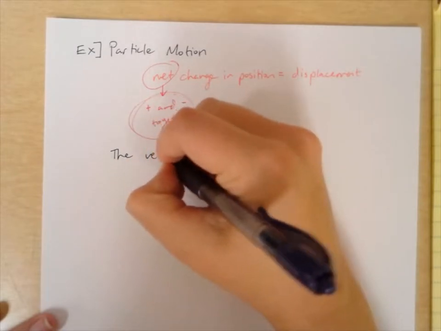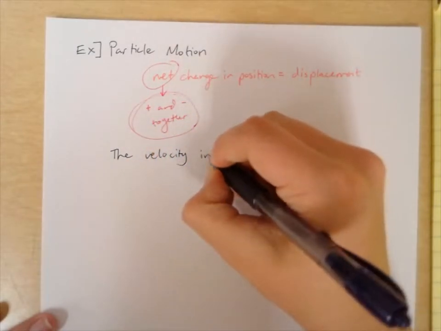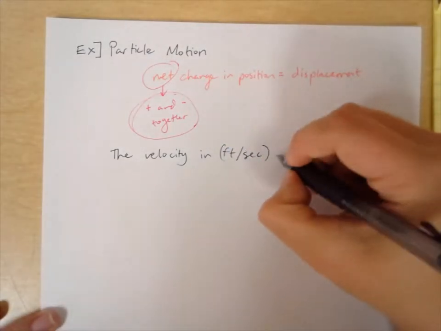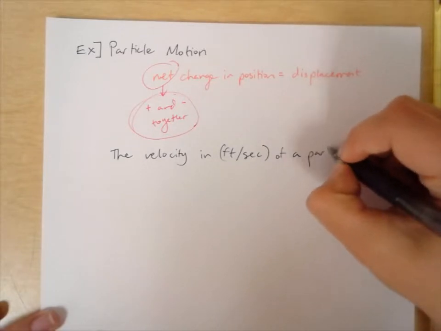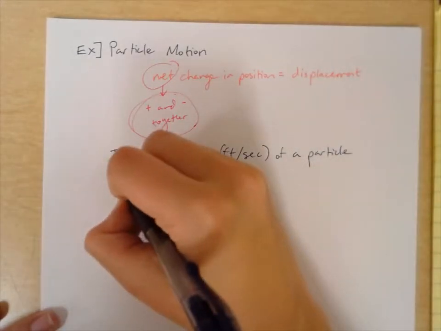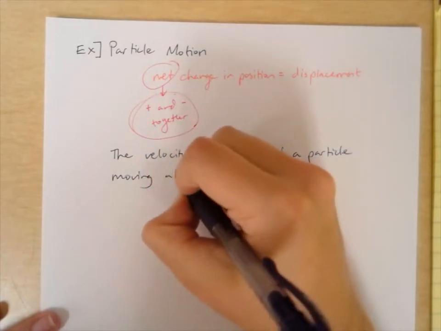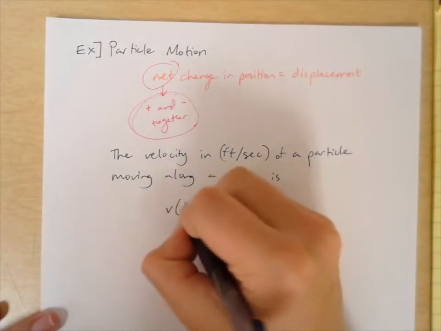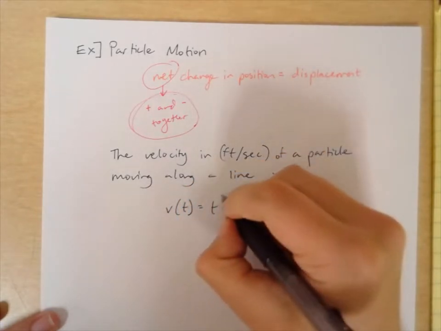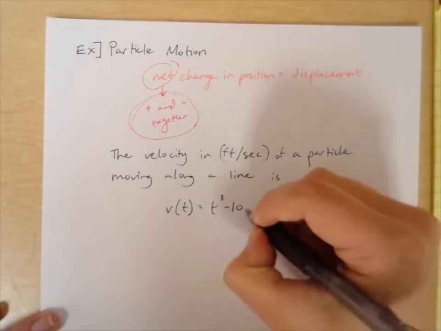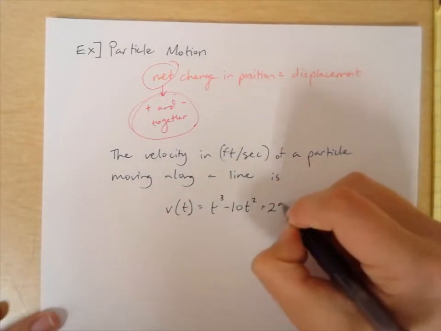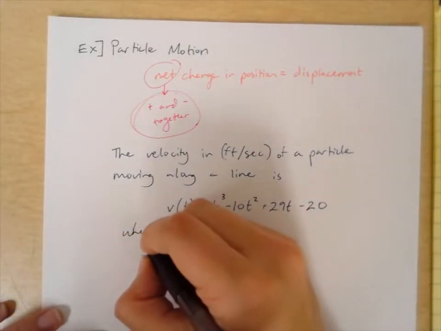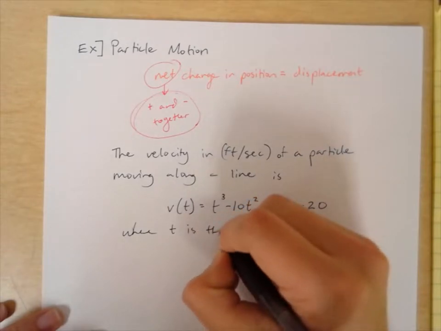It says the velocity in feet per second of a particle moving along a line is v of t equal to t cubed minus 10t squared plus 29t minus 20, where t is the time in seconds.